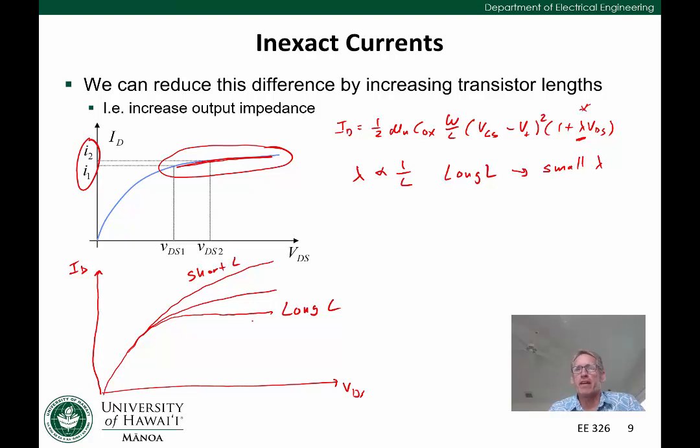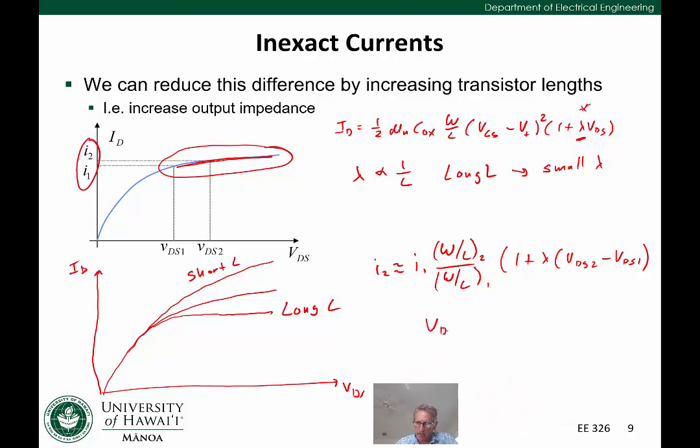Now we can quantify this effect. If you go through the math, we'll find that I2 is approximately equal to I1 times W2 over L2 divided by W1 over L1, times 1 plus lambda times (VDS2 minus VDS1).